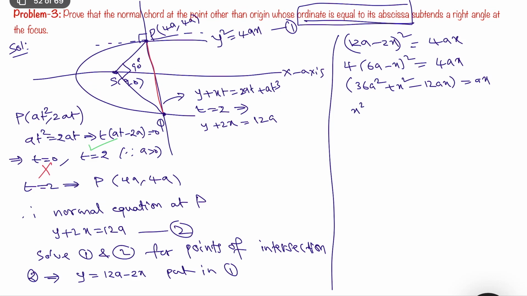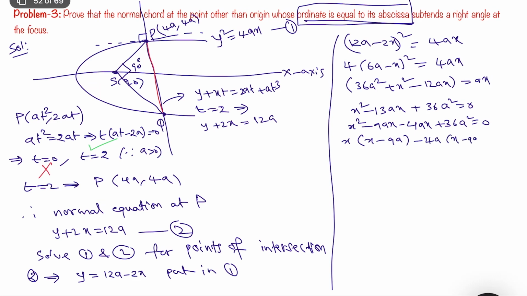Now x square minus 13ax plus 36a square equal to 0. Now I can write this as x square minus 9ax minus 4ax plus 36a square equal to 0. If I take x common, then x minus 9a, and 4a common, then x minus 9a.